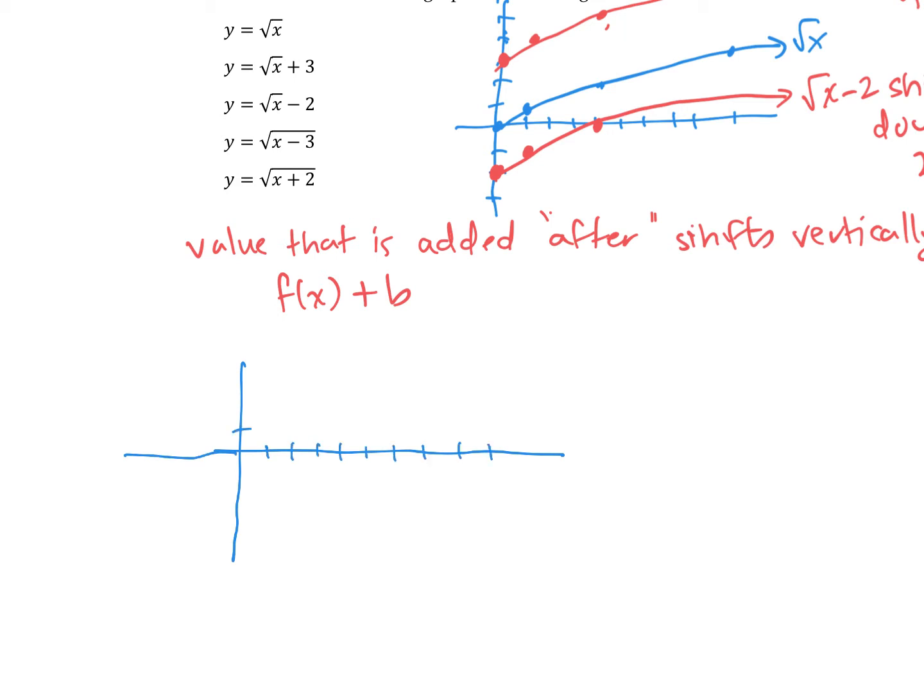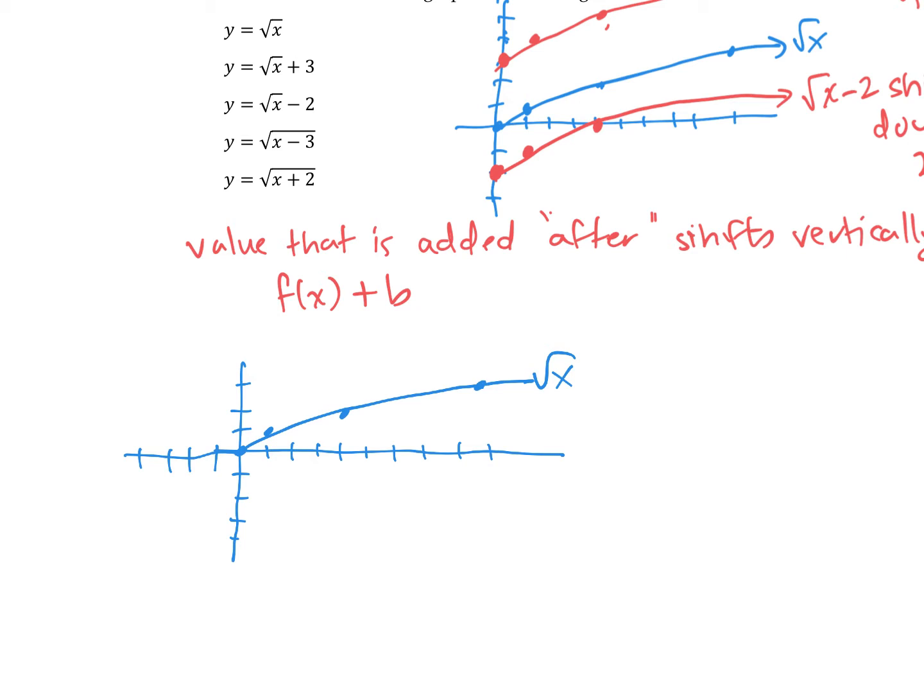So what if we did the next two? We're going to start with root x. So we'll draw the parent function. There's root x. And then, before we square root, we're going to subtract 3.